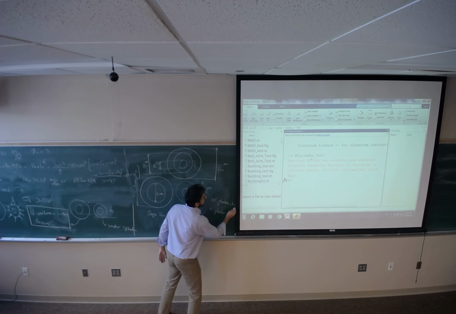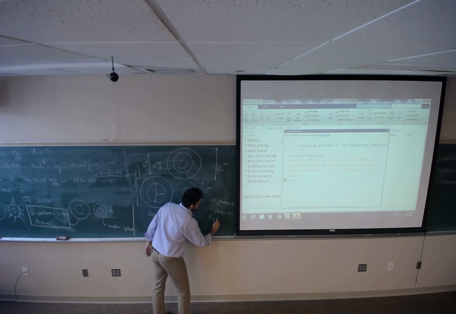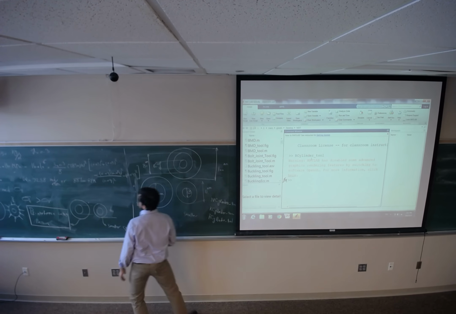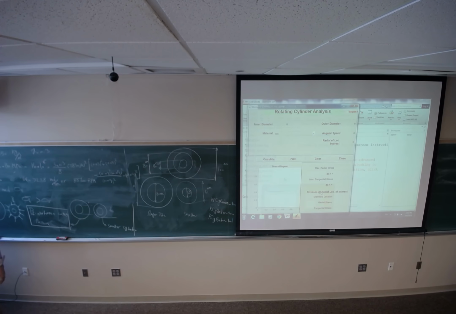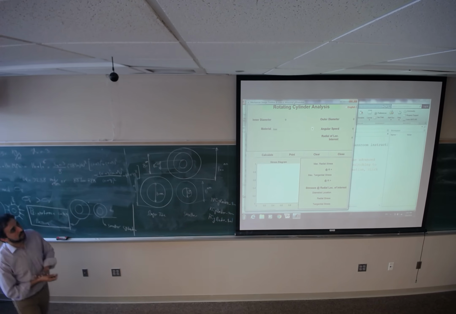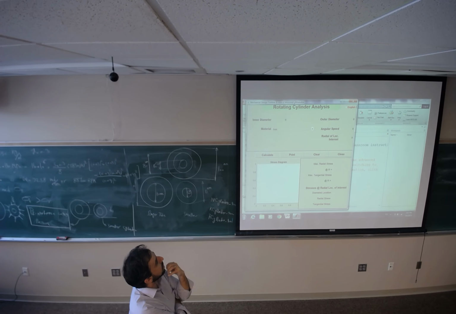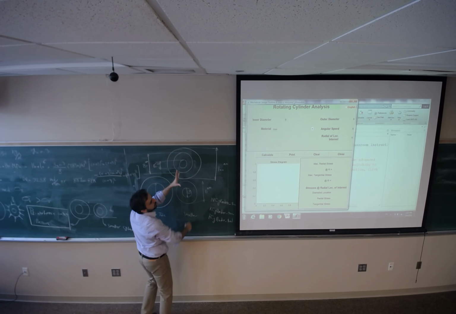And this is talking about the rotating cylinder, RC cylinder underline 2. So if you run this, you get this window, rotating cylinder analysis. We have a rotating cylinder, we would like to do analysis.